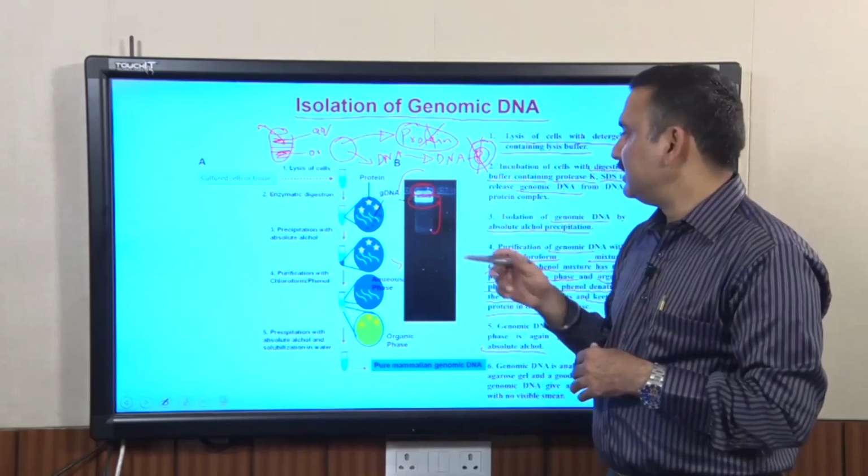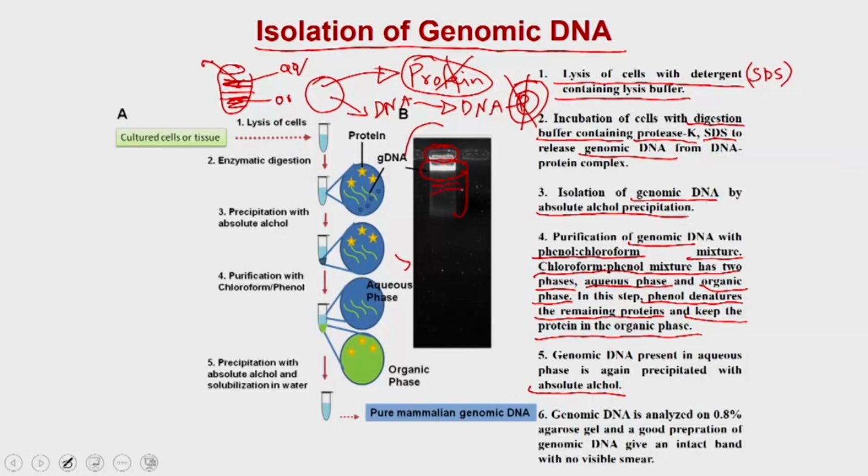If that happens, it will show you a smear like this from the well, which means you are not purifying the intact genome, and you are missing some part of the genome in this process.